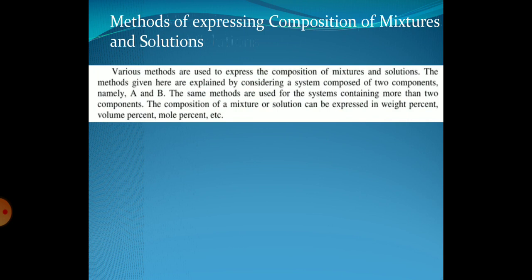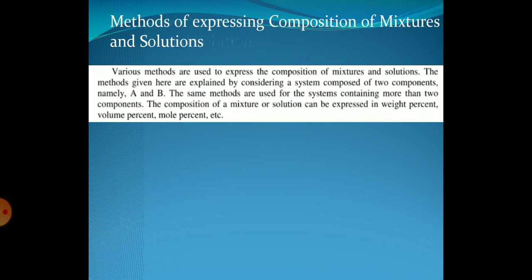Now we are considering binary mixtures for the calculations. Binary mixture means a two-component mixture, namely A and B, to generate the formulas. And the same methods are used for systems containing more than two components.